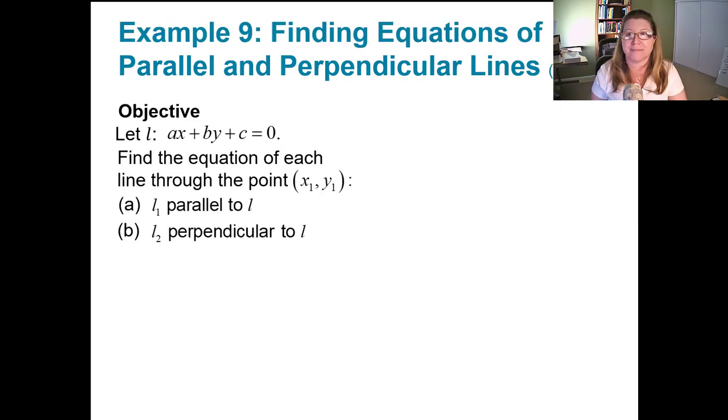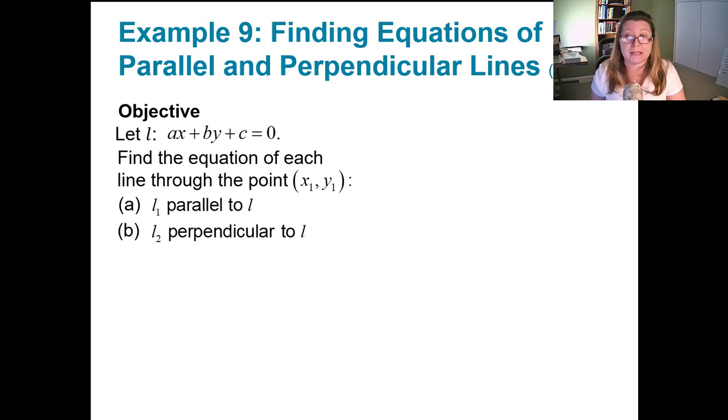All right, let's find the perpendicular and parallel lines to a particular line that we have in general format. And then the perpendicular and parallel line has to go through a particular point. I don't know if I said enough P words there. So let's take in general format ax plus by plus c equals 0.